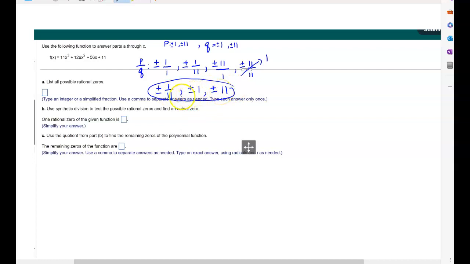Okay, so one of them, or maybe a few of them, are zeros. But to find your first zero, I would suggest to just use the remainder theorem. That means you're just going to plug these values into that function, use the calculator, and see which one gives you a 0.